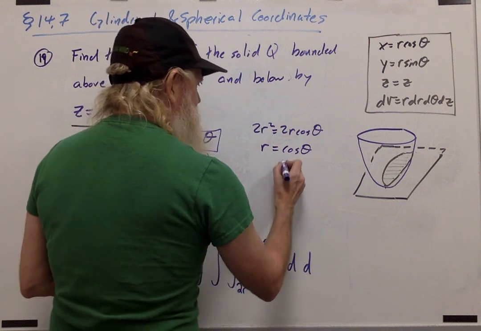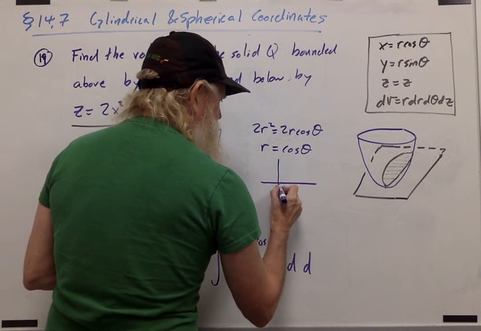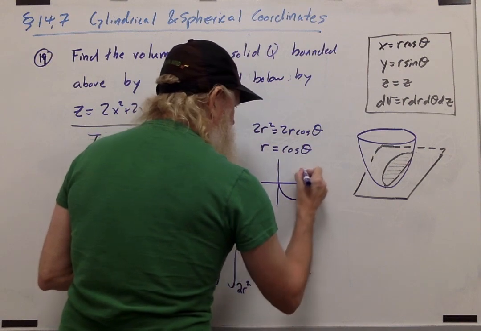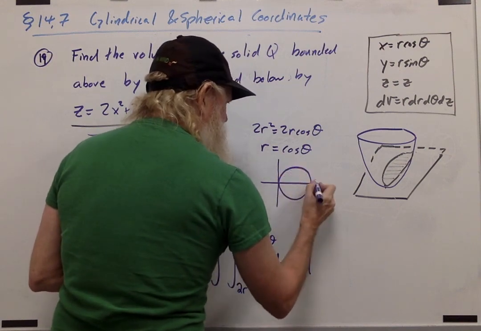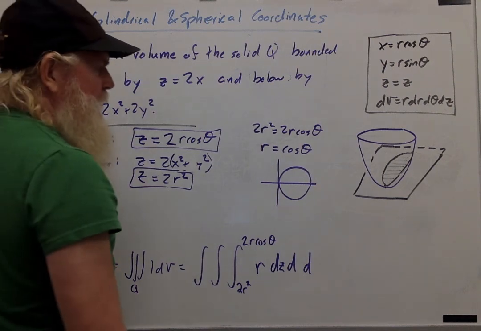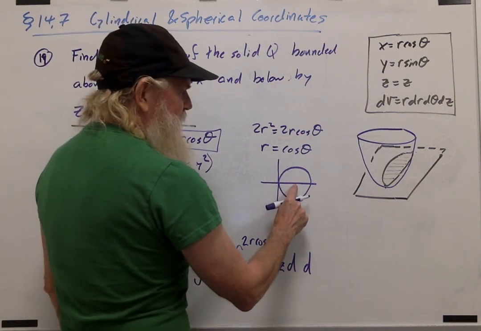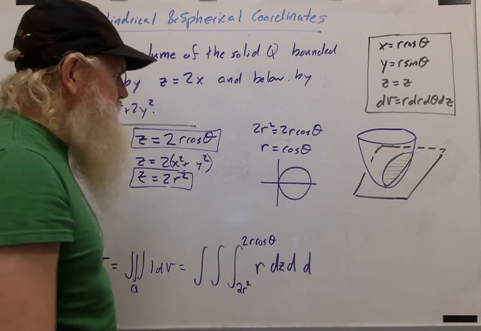Dividing both sides by 2r, I get r equals cosine theta. And you might recall that r equals cosine theta is the equation for a circle centered over on the positive x-axis. Now, if you go through the algebra, you'll find out that the center is at 1/2 and that the radius is also 1/2.